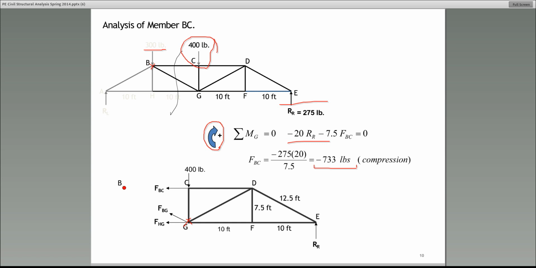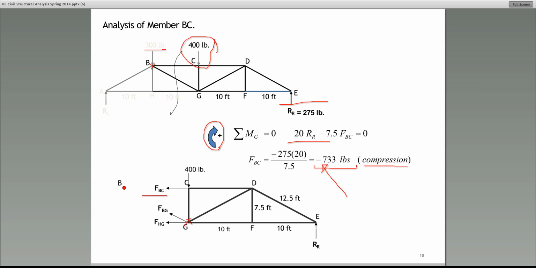Even though I assumed FBC to be pulling away from the joint, the answer comes out negative, and that negative says no, it's not pulling away from the joint, it's the opposite. My analysis tells me it's indeed pushing towards the joint. That makes it compression. That's how you decide whether it's in tension or compression.